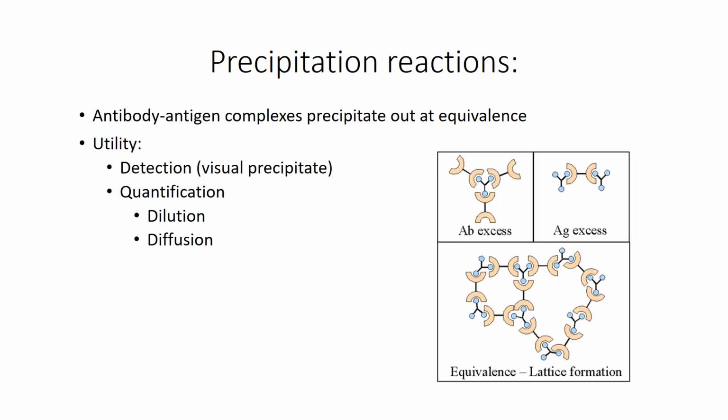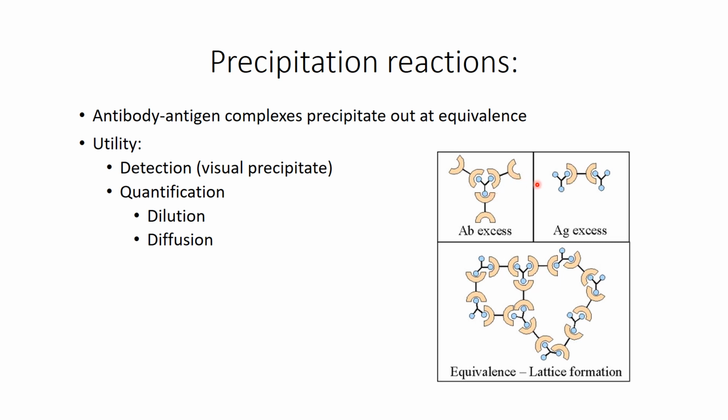So for example, here are the different ways that antibody complexes can precipitate out at equivalence. If there is an excess of antibody, it will bind to multiple regions of the antigen.